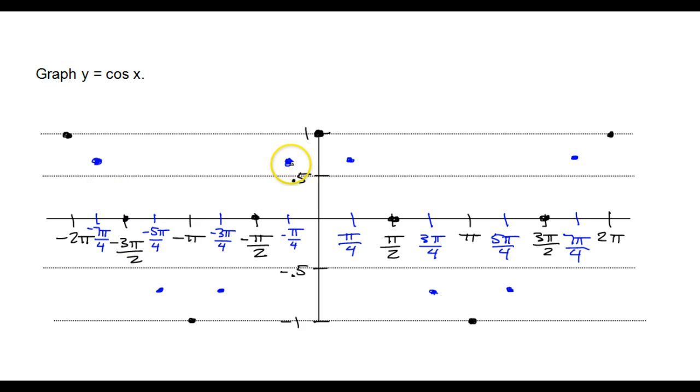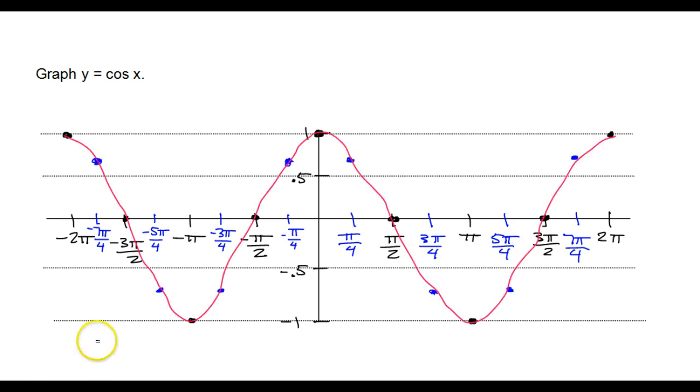And again, these are approximately 0.7. Positive 0.7 and negative 0.7 is the value of 1 over radical 2. So you can see what the cosine function is doing. Forgive me for my crooked drawing here. It's very difficult to draw a smooth line with a mechanical electronic pen here.